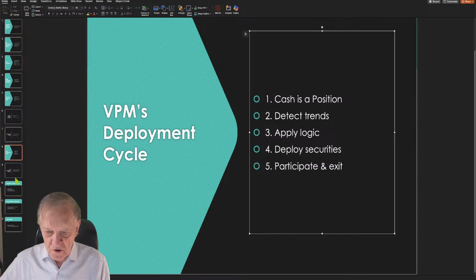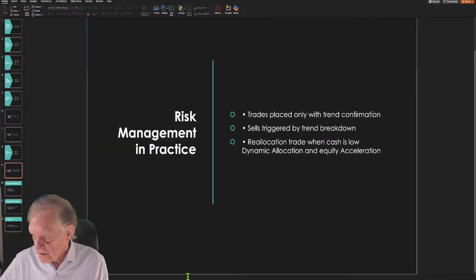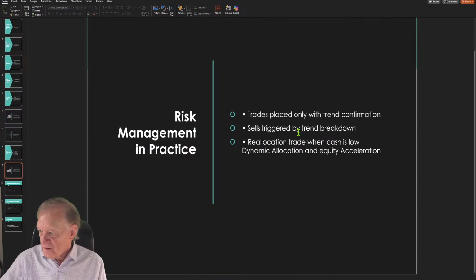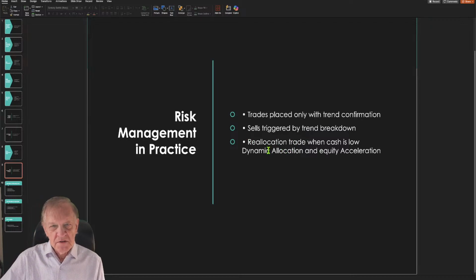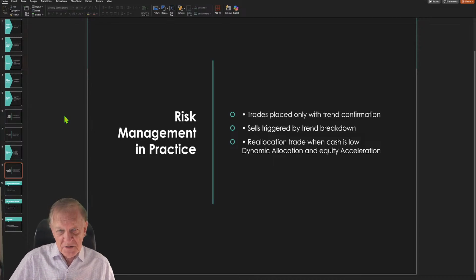Let's go through a couple more screens and try to get through this. Yeah, I think I've talked about this. I really haven't touched on this reallocation trade, which is actually the technique we call the dynamic allocation theory, and it's built into the software. What it does is accelerate the growth of capital.